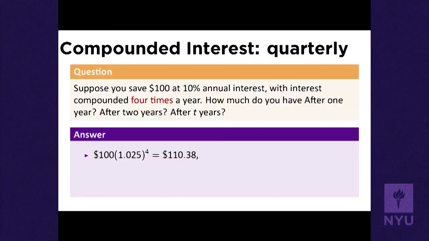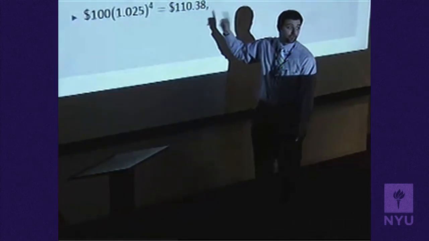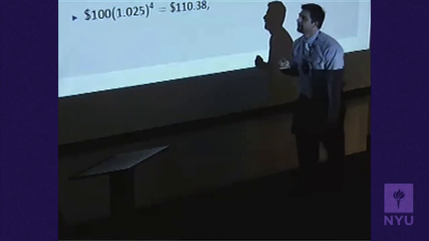So the 10% annually is split up into 4 compoundings. That means we get 2.5% every 3 months, 4 times a year. And so over the course of a year, we get that 2.5% added on 4 times. And if you do the math, or ask your calculator to do the math, you have $110.38.